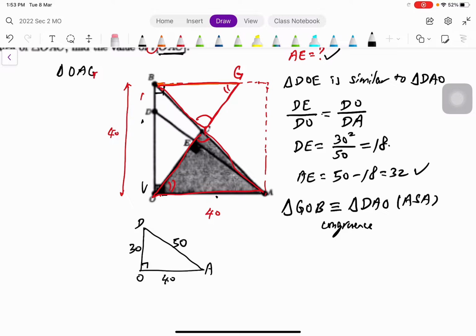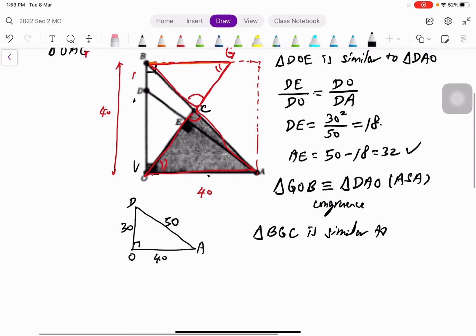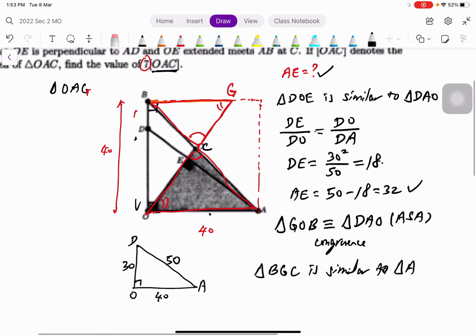And in this case, I can prove that triangle BGC, sorry, this is C, BGC is similar to triangle AOC, right?